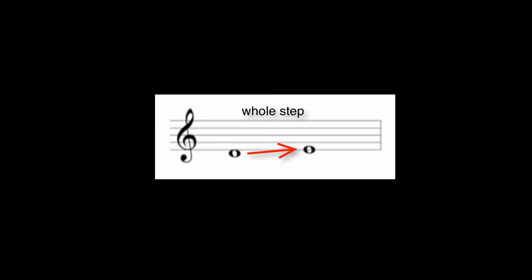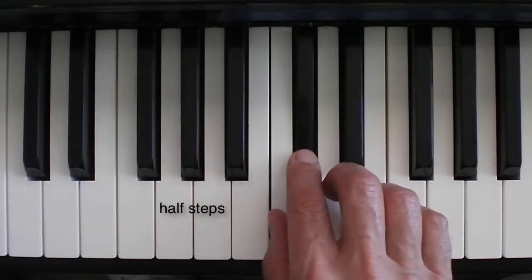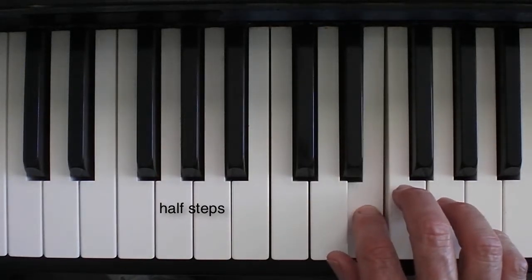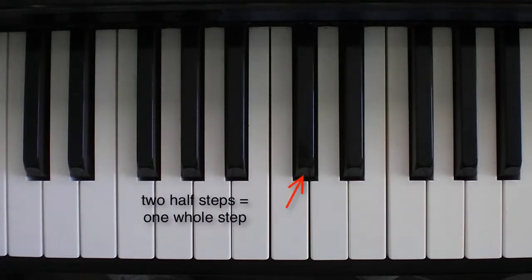As you recall, the half step is the distance between any two adjacent notes on a keyboard. The whole step is the distance of two half steps. Both whole steps and half steps are useful concepts, as they allow us to create the formulas necessary to build scales.